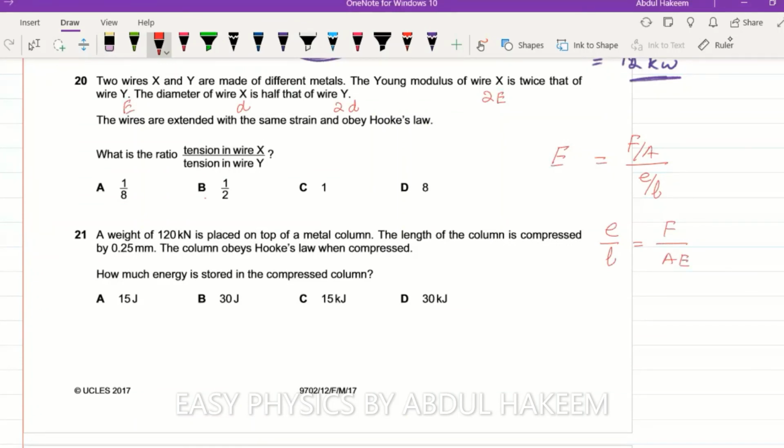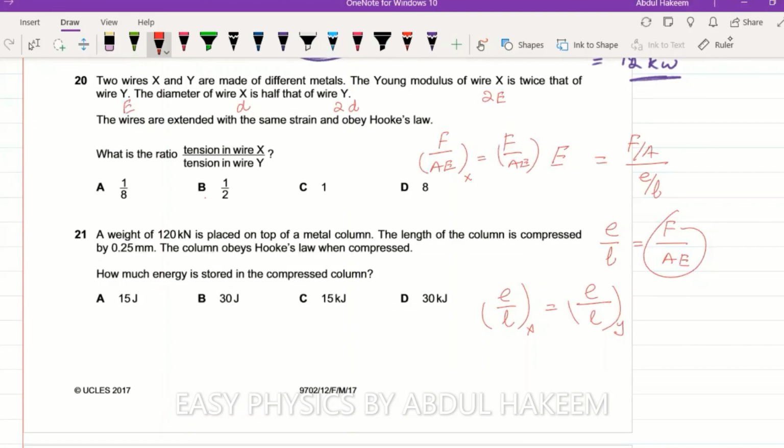So we can write F over AE of X is equal to F over AE of Y.